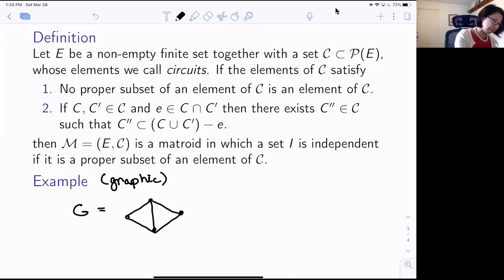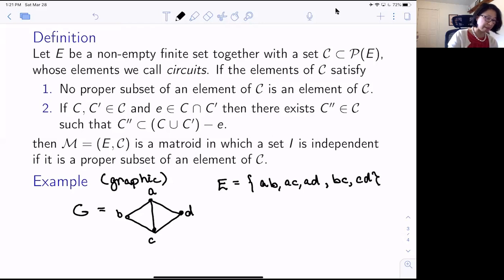I'm going to label the vertices A, B, C, and D. So this is the graphic matroid, where E is the set of all the edges: AB, AC, AD, BC, and CD are my 5 edges.